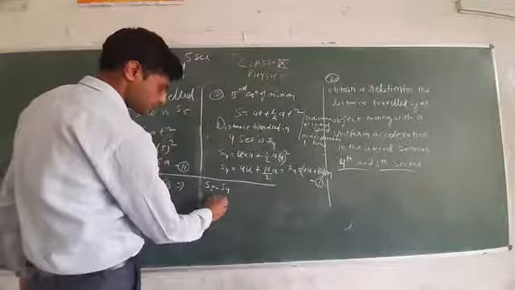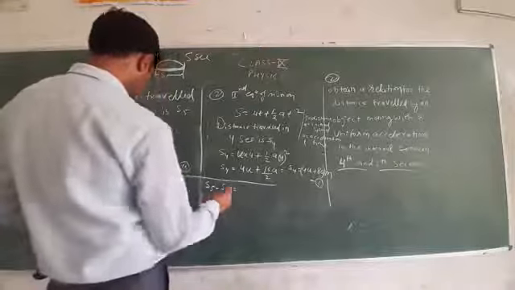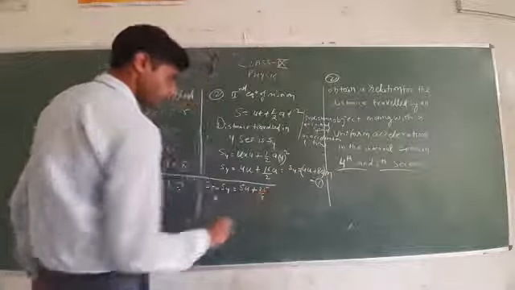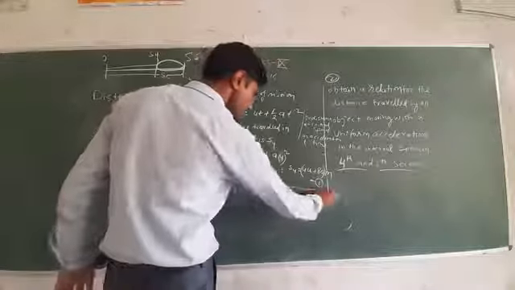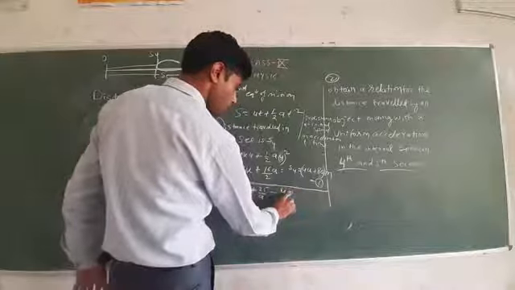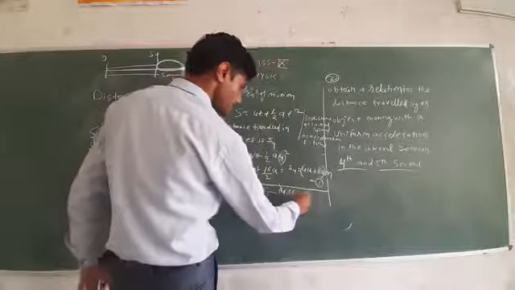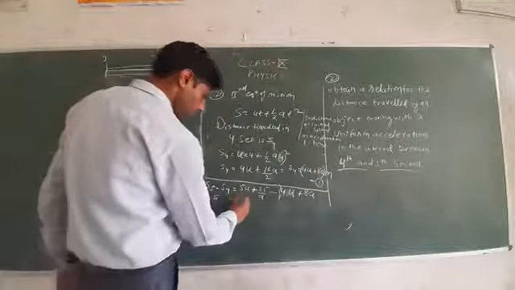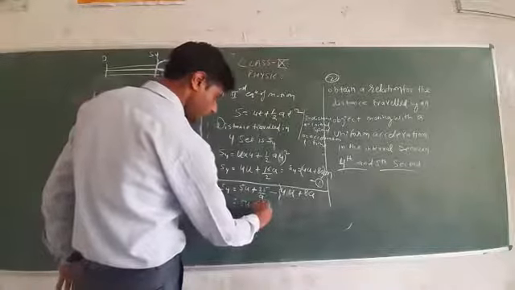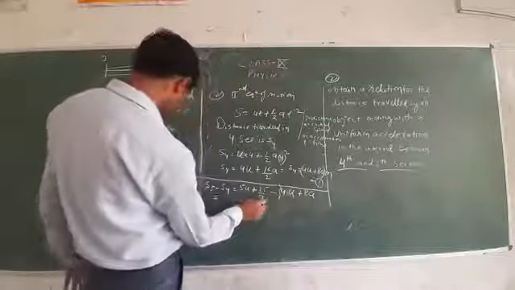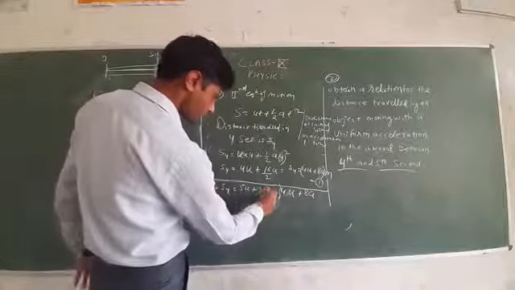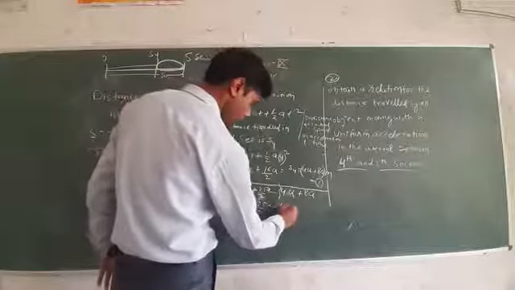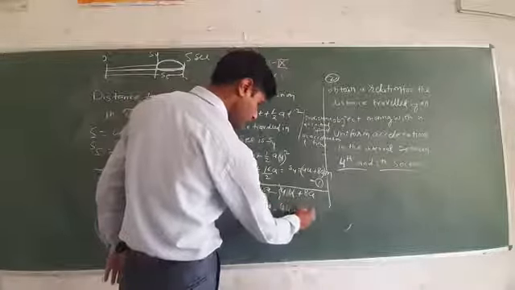Let this be S. So S equal to 5u plus 25a upon 2 minus 4u plus 8a.